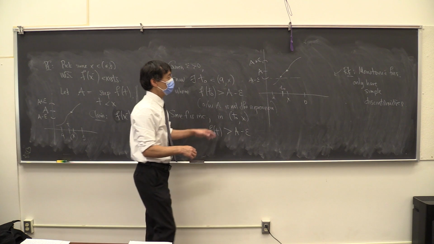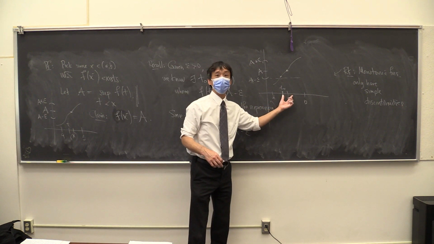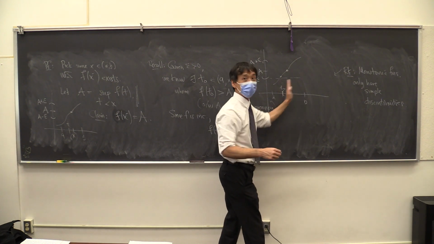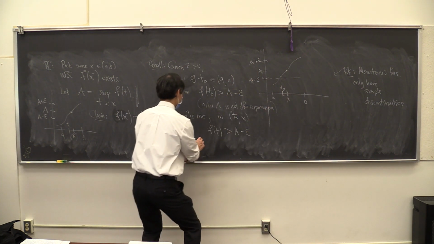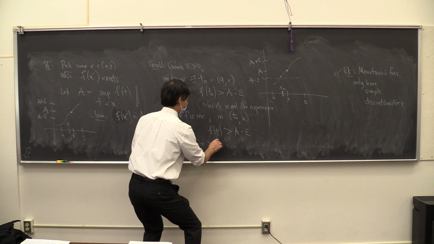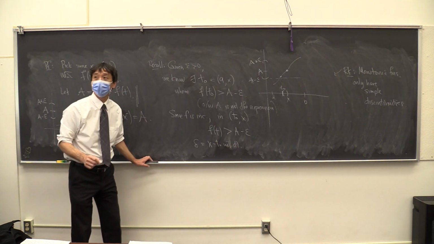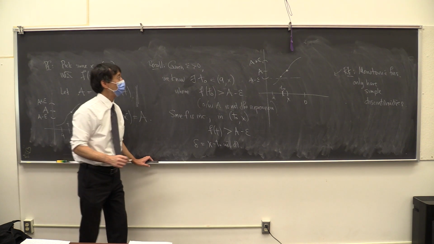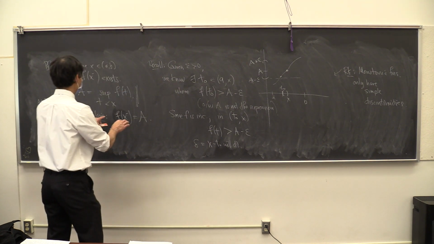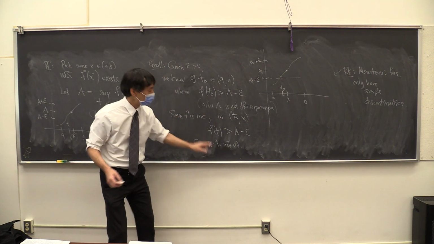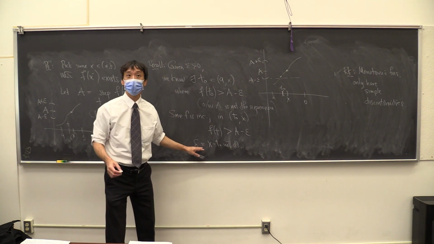So we found our left-handed interval. It goes from t naught to x. So just like your delta, x minus t naught will do. Given an epsilon, we found the delta that works.